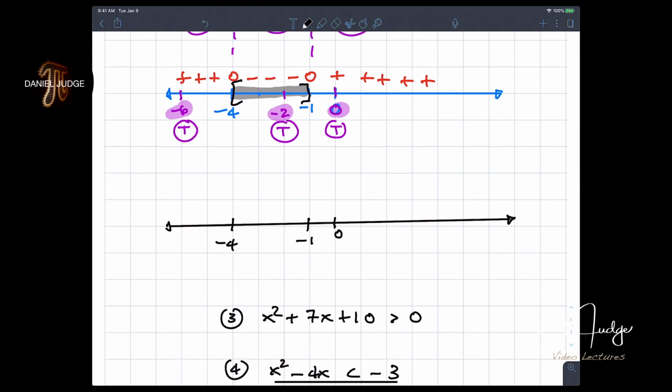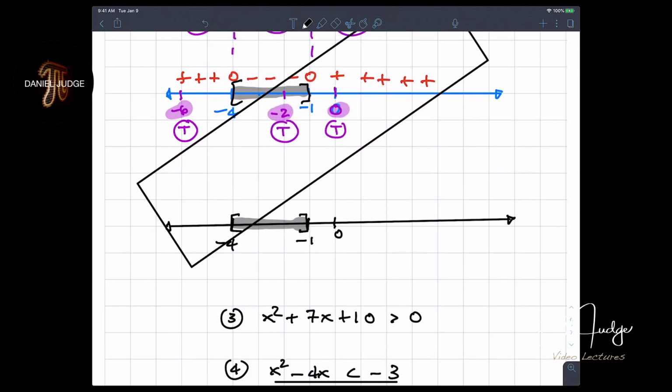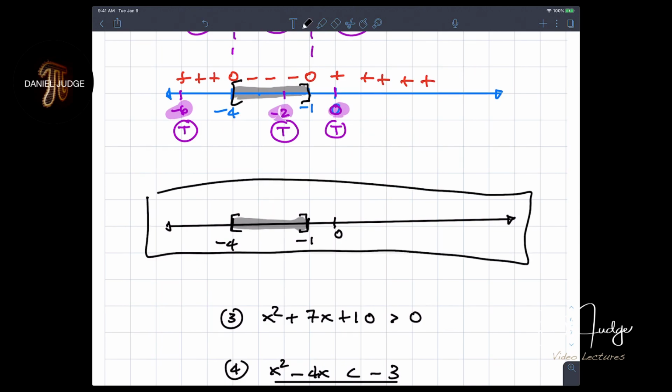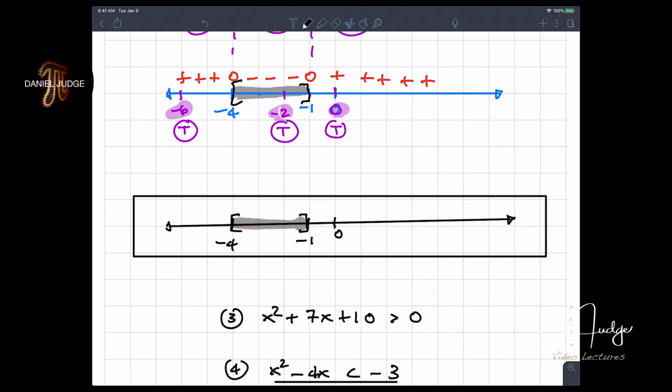You'll see square brackets here, and you will see this shaded because they like to give you a nice, clean, clear representation of the answer, and that's what's expected. So this is the solve and graph process. Your final answer is in a graph format. And there you go, ladies and gentlemen.